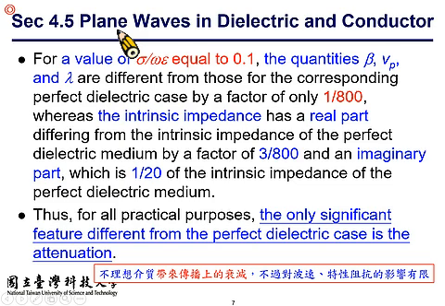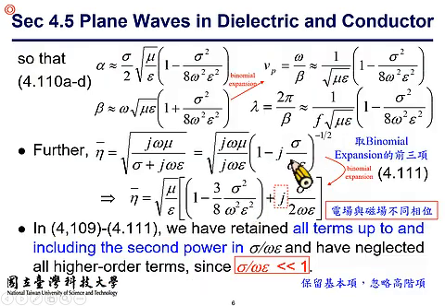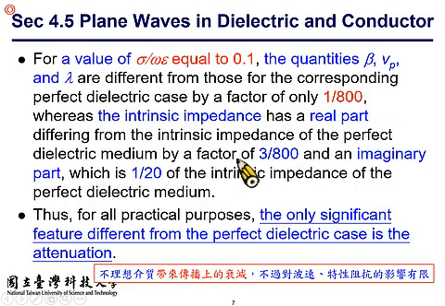So we see what happens assuming sigma over omega epsilon equals 0.1. The consequence is the third part over here, this one is 1 over 800. This one is 3 over 800. So it's much, much smaller.